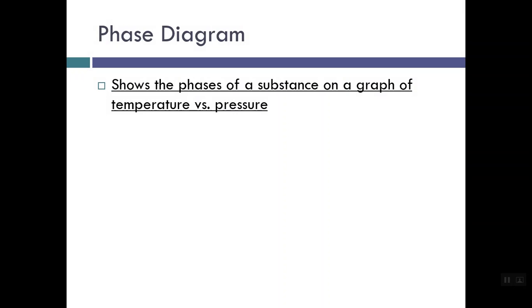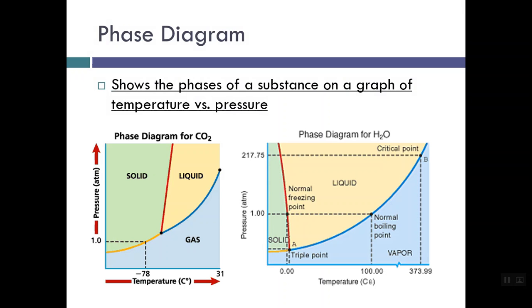So in our phase diagram, basically it's a graph where you can see all three phases of a substance with two axes, which are temperature versus pressure. You can see the horizontal axis is temperature, and the vertical axis, the Y, is pressure.